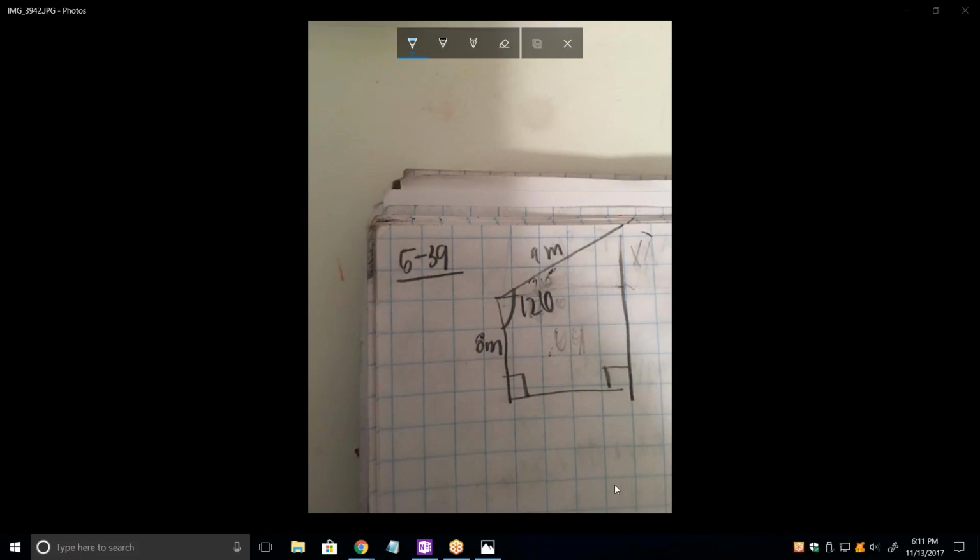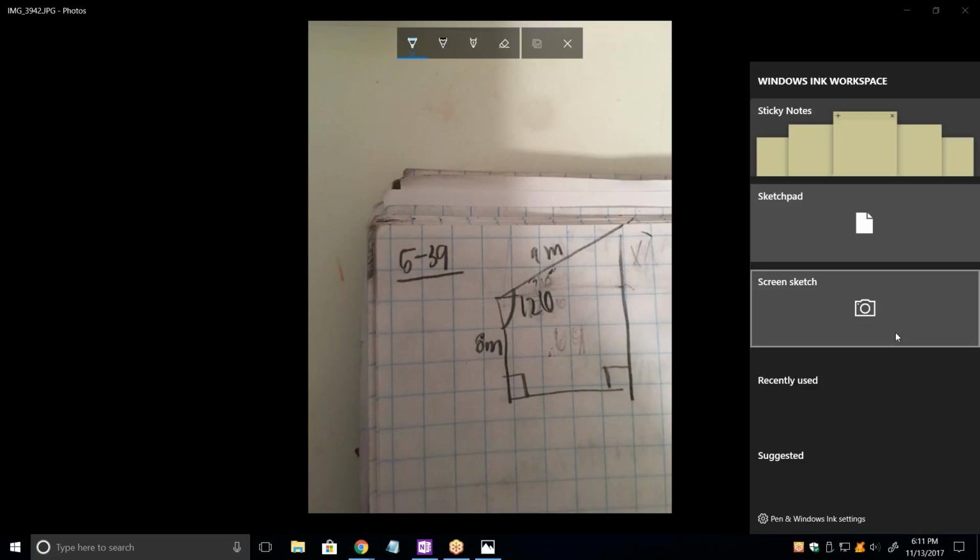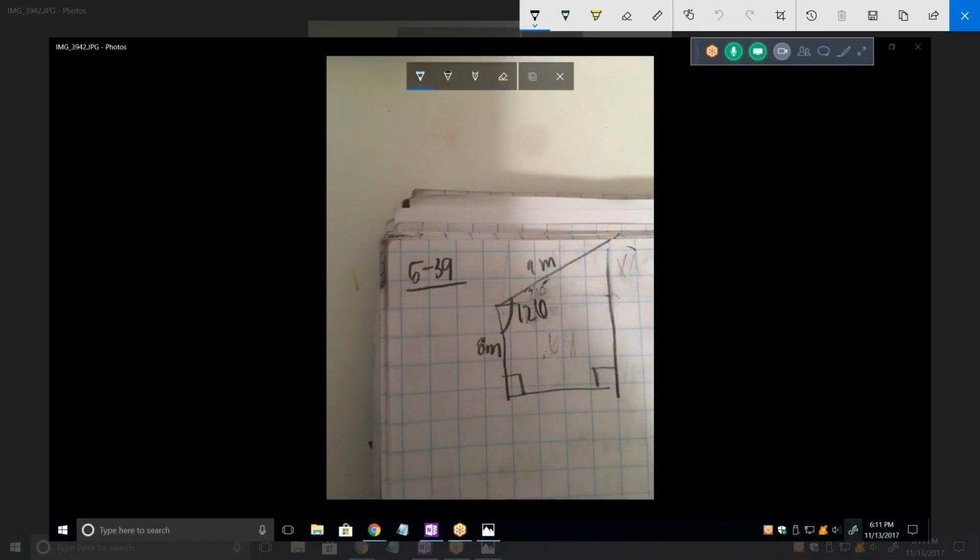I don't need to blow it up. Okay, so a trapezoid has two opposite parallel sides. In other words, this side is parallel to that side, but the bottom is not parallel to the top. That's the definition of a trapezoid.